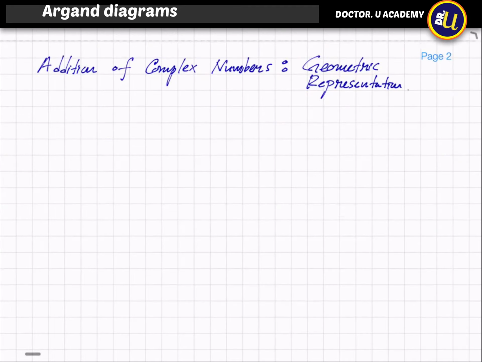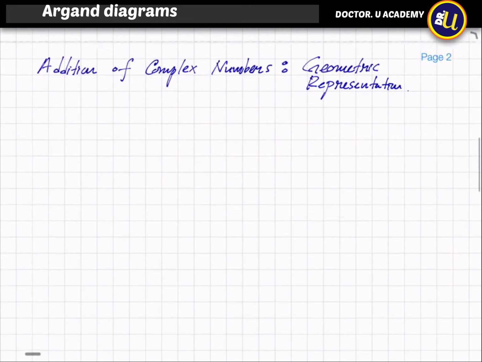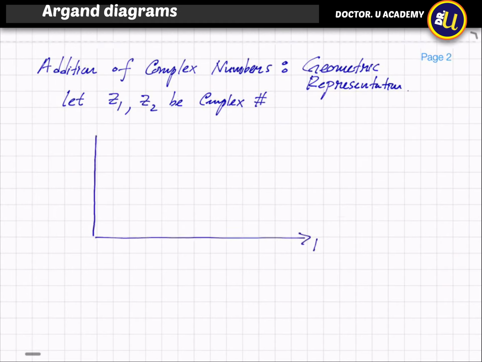Now, addition of complex numbers, geometric representation. Let z1 and z2 be complex numbers. Let's draw that in our Argand diagram. This is the real axis, and this is imaginary. Let z1 be here, then z2 would be here.